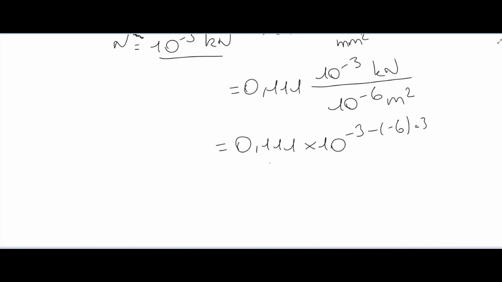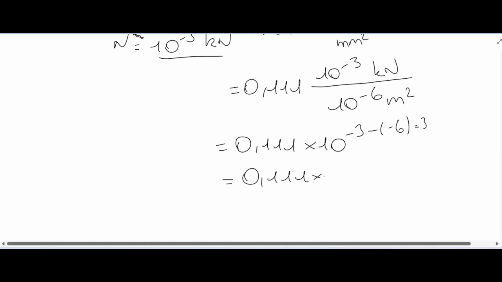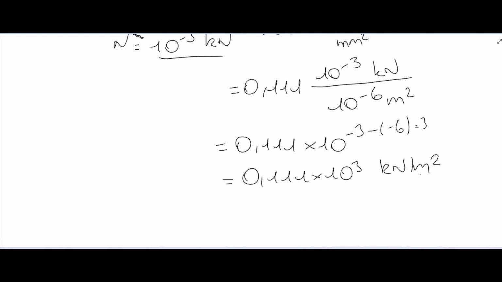So that would be 0.111 times 10 power 3 kilonewtons per meters squared. And if you want to write it a bit more nicely, just 111 kilonewtons per meter squared, and there you go.